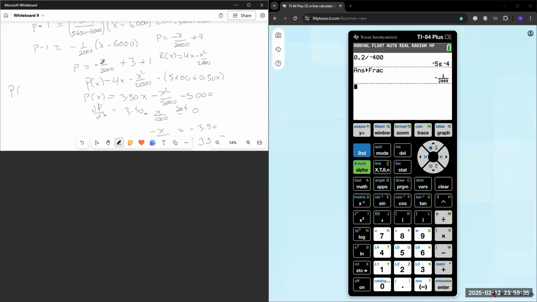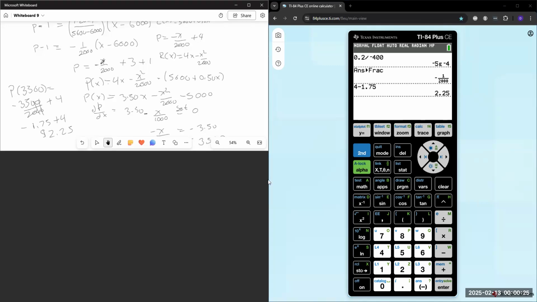P of 3,500 is going to be equal to negative 3,500 over 2,000 plus 4, which is going to be negative 1.75 plus 4, minus 1.75 is 2.25. Should be my price point to maximize my profit.